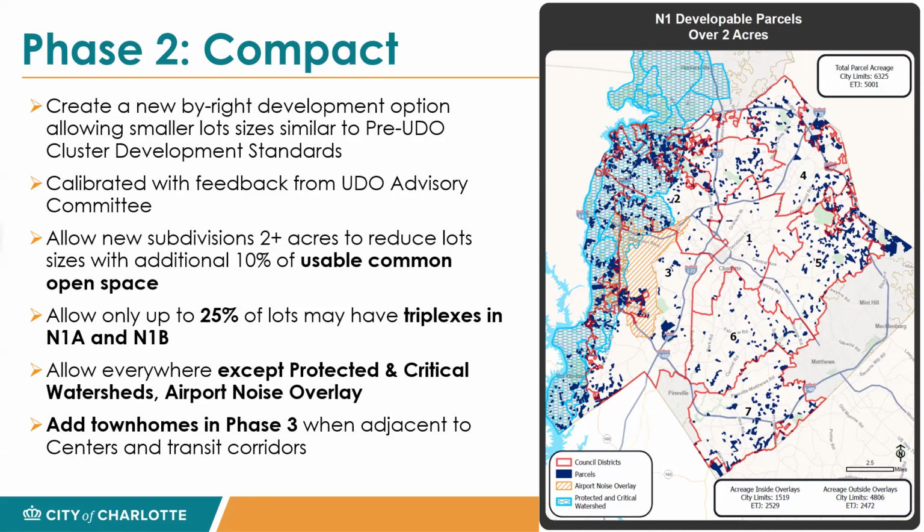And that would apply not just to compact, but the way it is currently drafted, that would also apply to base developments over 2 acres and conservation development over 2 acres in all of 1A and in 1B. Again, we've talked about the protected watersheds and the airport noise overlay.